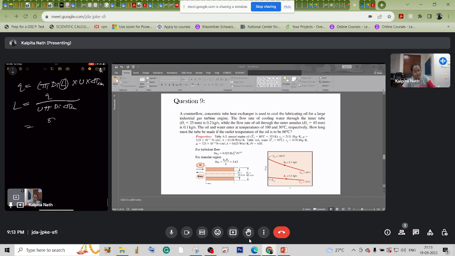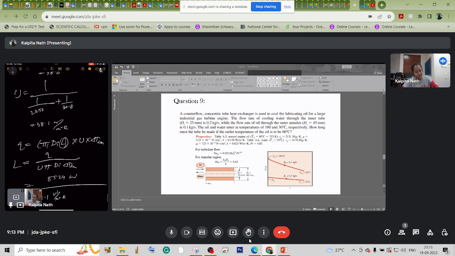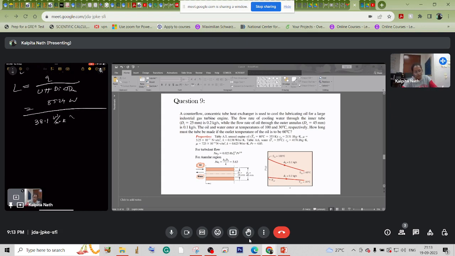Everything we know: 8524 watt upon 38.1 watt per meter square Kelvin, into pi into 0.025 meter into 43.2 degrees Celsius. This will come out to be 65.9 meter.